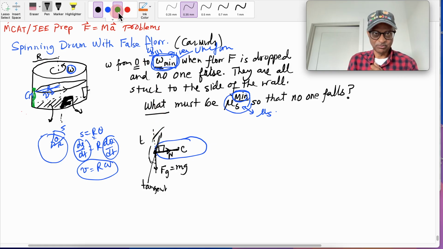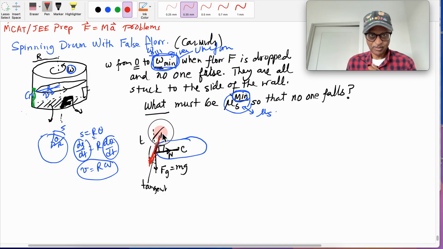Now, which direction will the friction be? Friction could be along the tangent, or along that direction. These are the directions the friction can be. However, because we have acceleration that way, normal is sufficient to cause the acceleration, right?